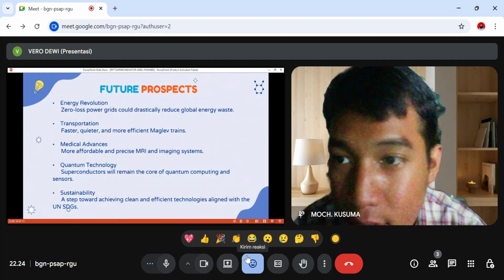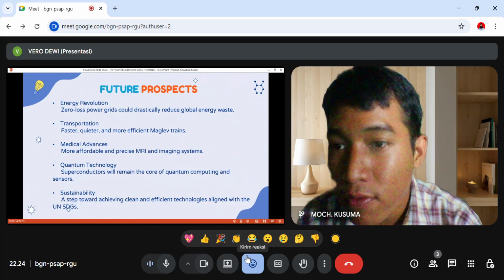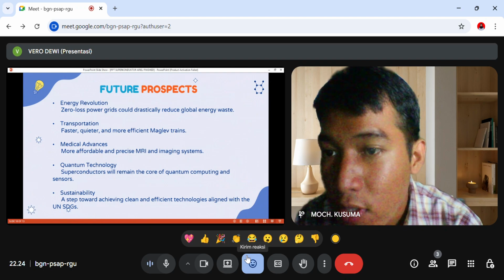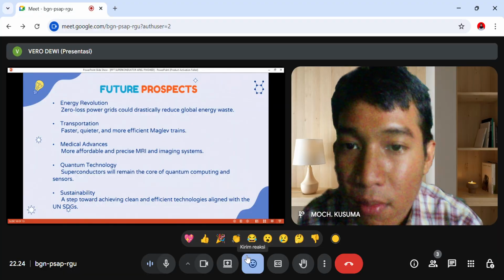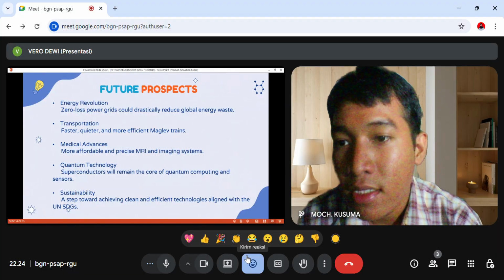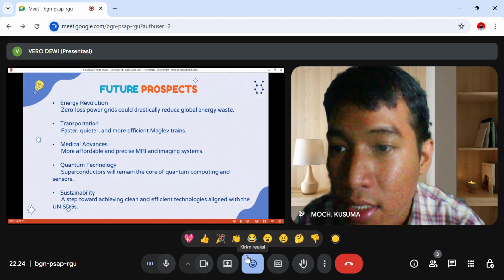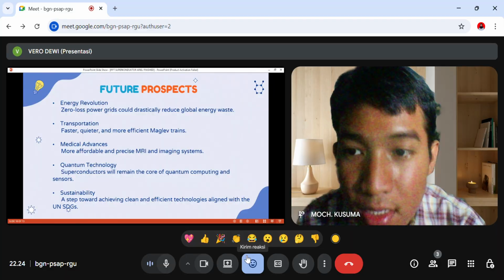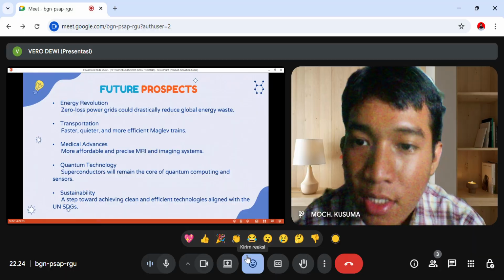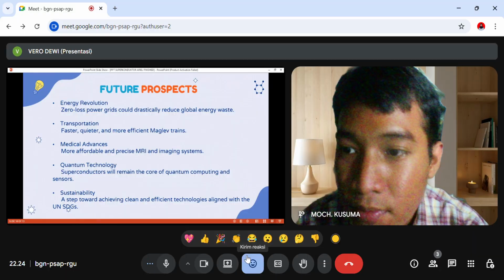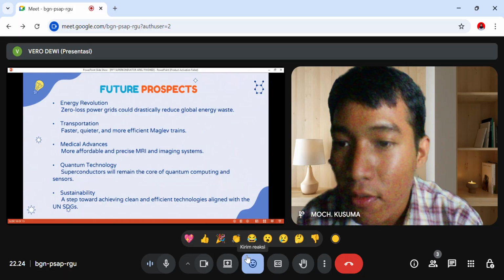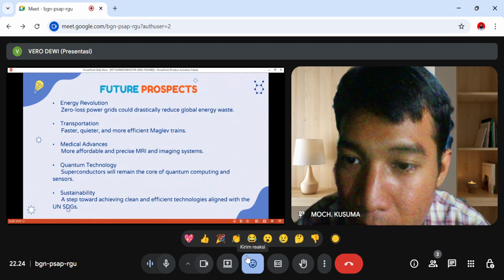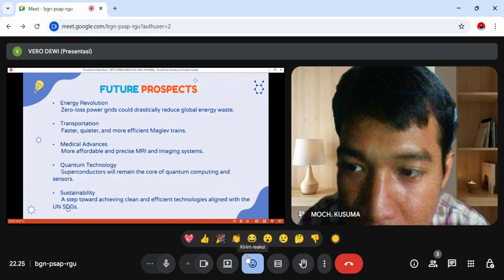Future prospects. First, energy revolution. Zero loss power grids could drastically reduce global energy waste. Second, transportation. Faster, quieter, and more efficient maglev trains. Third, medical advances. More affordable and precise MRI and imaging systems.